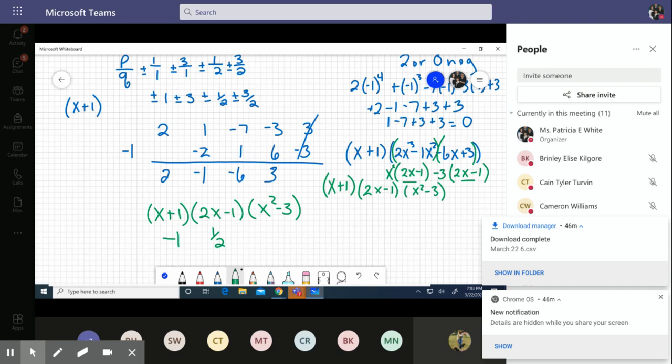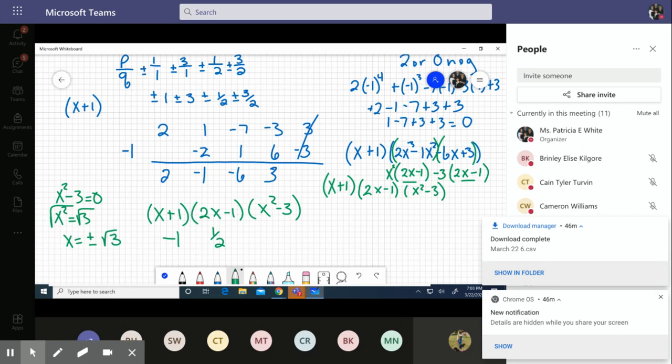If we went back to chapter 1, section 2, and I said x squared minus 3 equals 0, add the 3 to both sides and take the square root. X equals plus or minus the square root of 3.